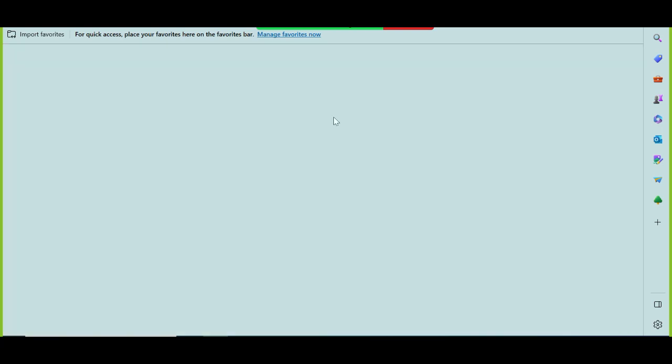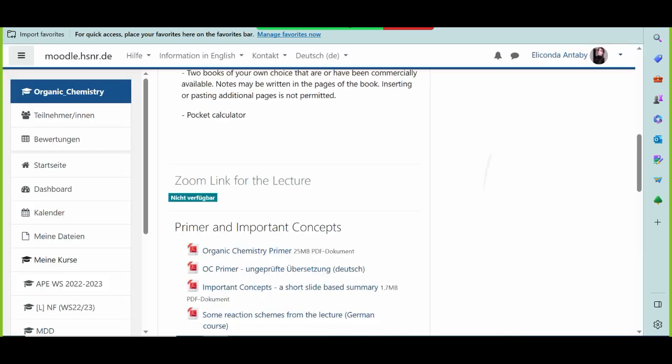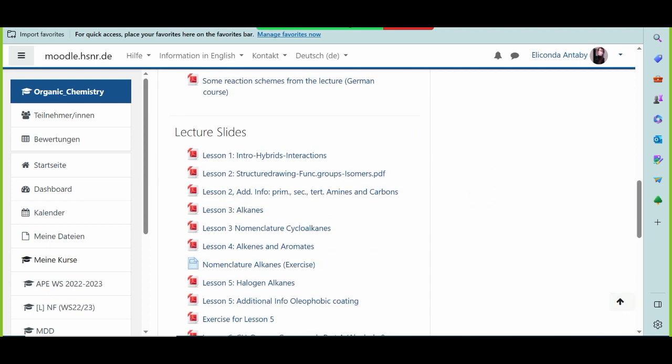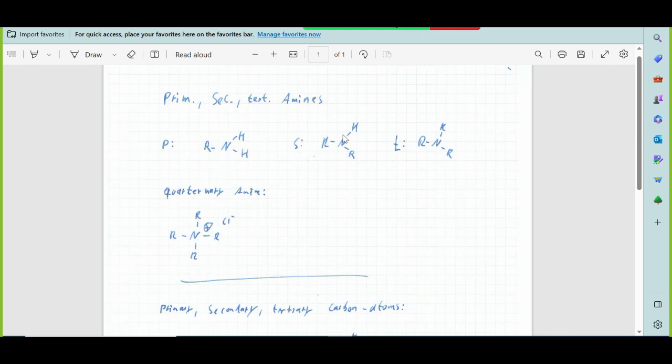What's the difference between a primary carbon and, for example, a secondary carbon, tertiary carbon? Let's see them here. So this is the amine. It's NH2 and it's just a radical. Primary means it's bonding to one carbon atom. So it definitely should be at the end, or somewhere on the side, but not in the middle.